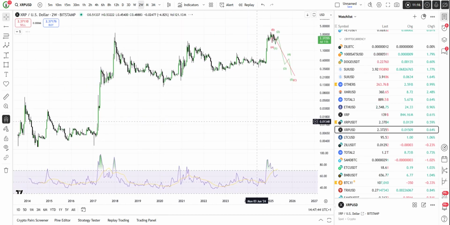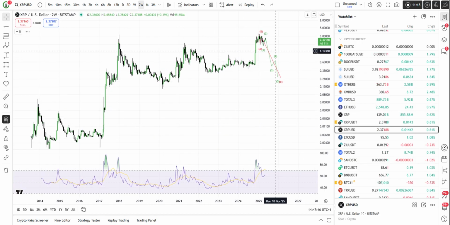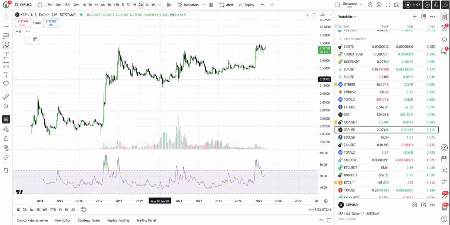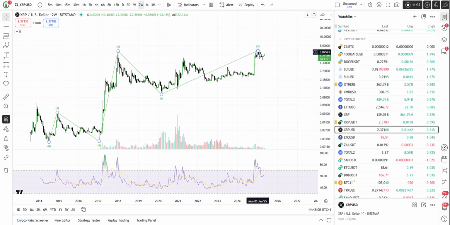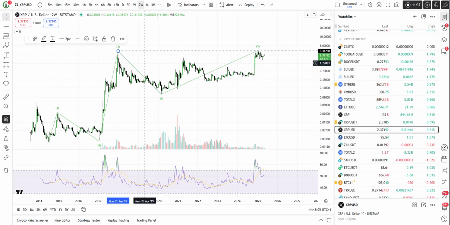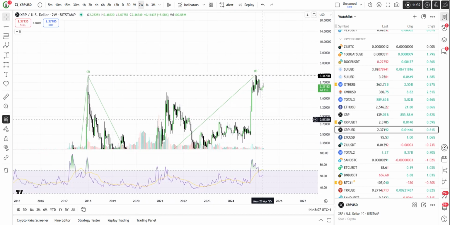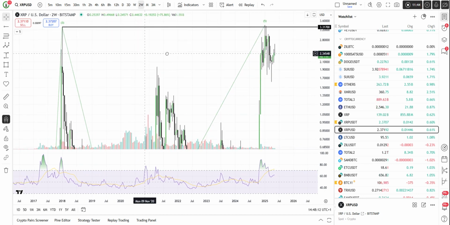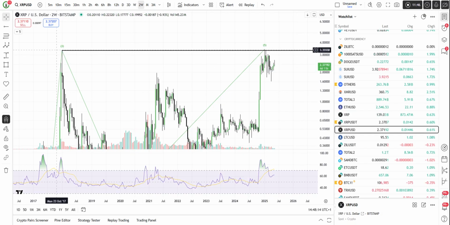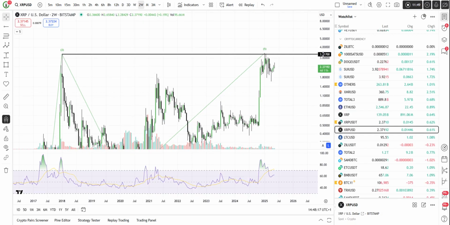See, this is another interesting one, okay? In theory, we have got 5 waves here. So you've got 1, 2, 3, 4. Because we made a new all-time high here, technically that counts. Wave 5 only just has to go above wave 3 to be a valid wave 5.